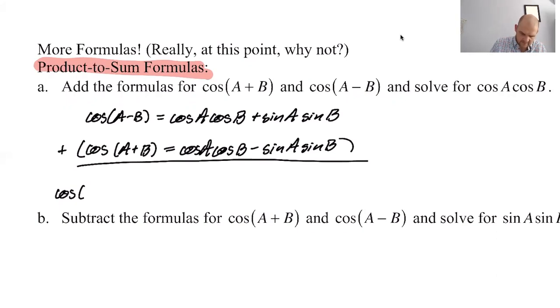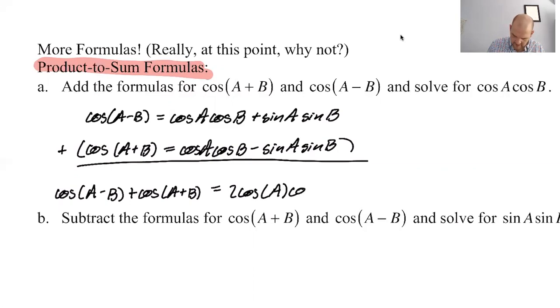On this side, we get cosine of a minus b plus cosine of a plus b is equal to, because the sine parts just cancel out, 2 cosine a cosine b. Let me take those parentheses out.